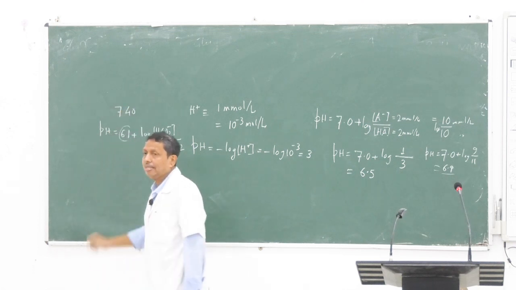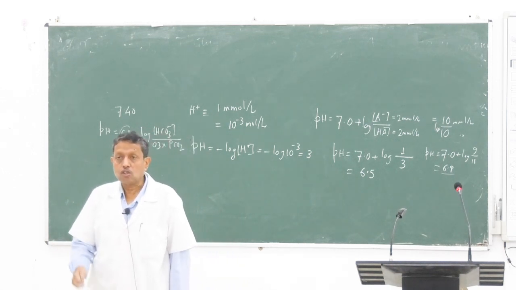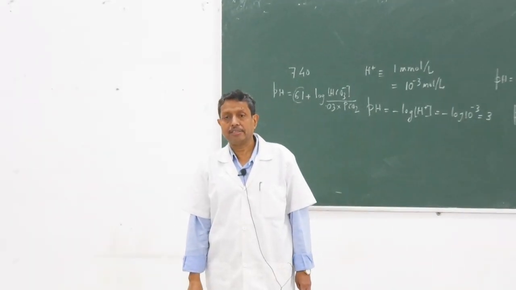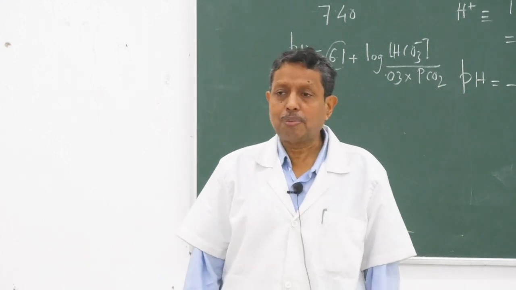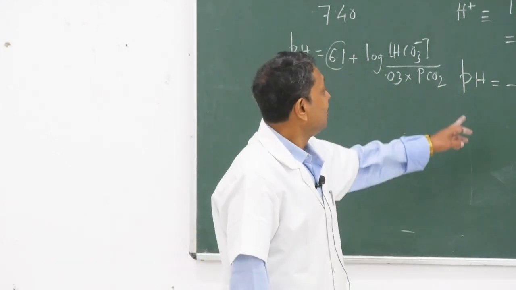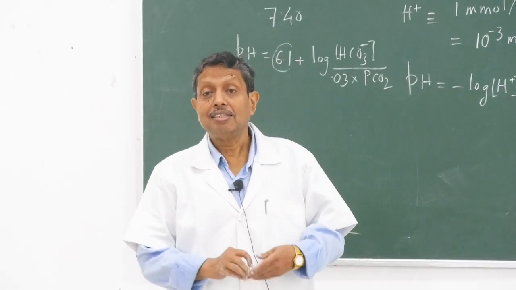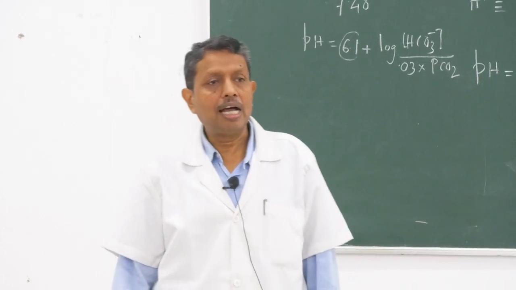In spite of that, it is one of the most effective buffers, because these components can be independently regulated by different organs. Bicarbonate by the kidneys primarily, and carbon dioxide by the lungs independently. So they are important in that sense. It is a highly effective buffer.